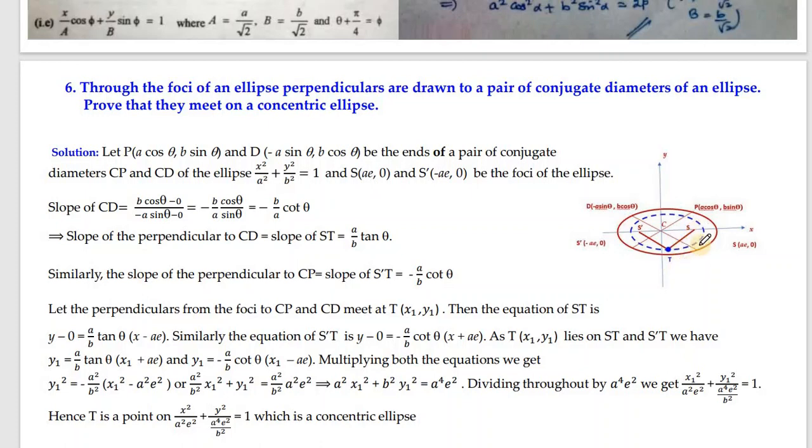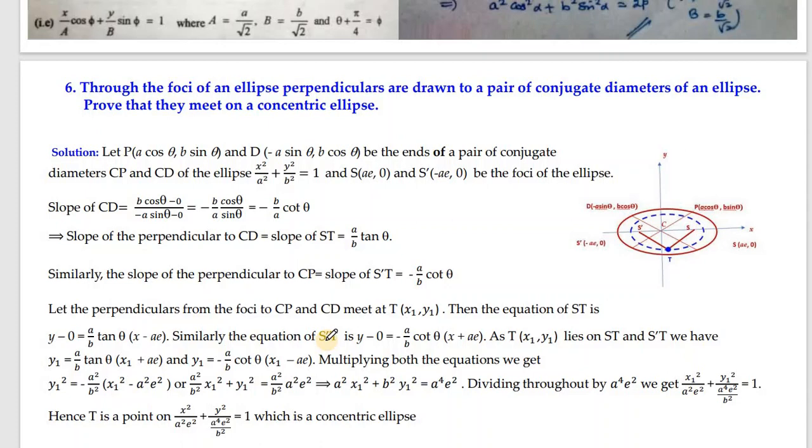I know a point, and I know the slope, so I can easily write out the equation of ST. Here is S and here is T, so that can be easily written.